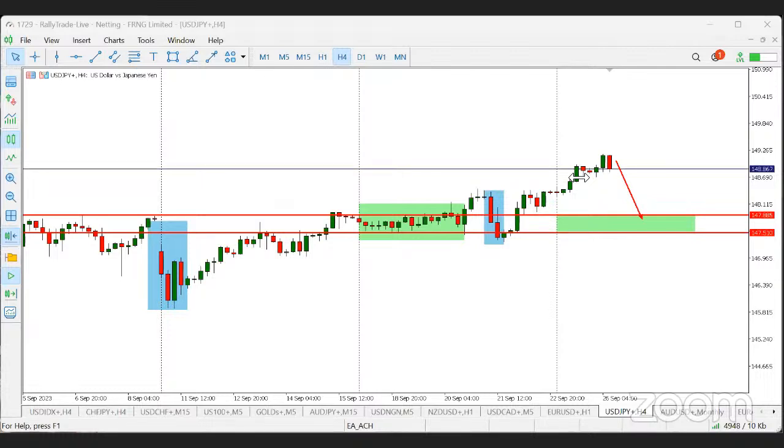All right, so the next question is, what is the effect of indices if the dollar is strong? Now, listen. These indices are actually stocks that have been merged.